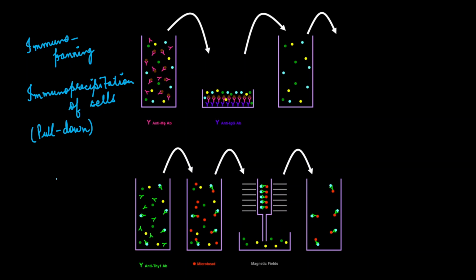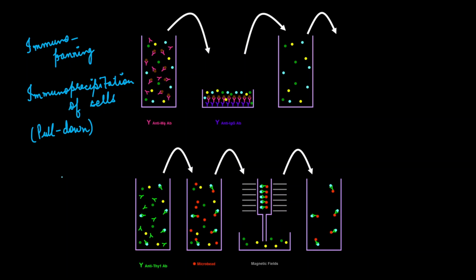Suppose you have a mixture of proteins and you have your antibody, and that antibody is specific to a particular kind of protein. Now from that mixture, using that antibody, you can pull down that protein, right? Because that antibody is specific to that particular protein only.